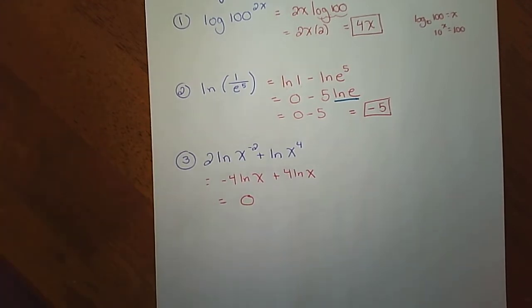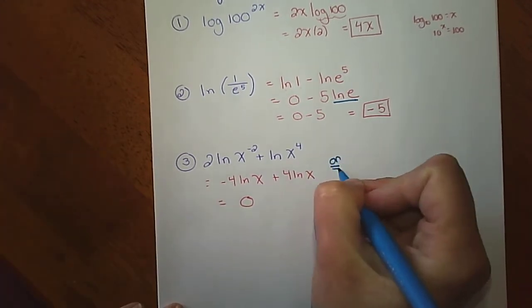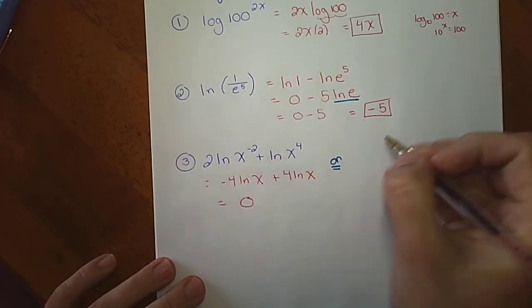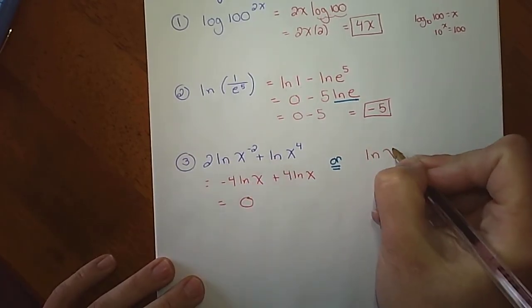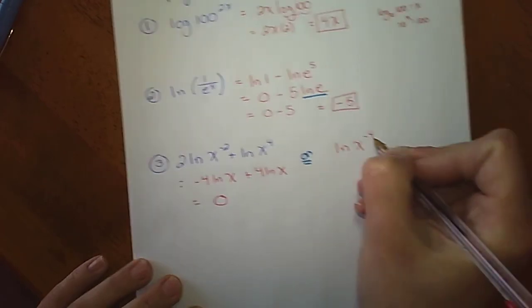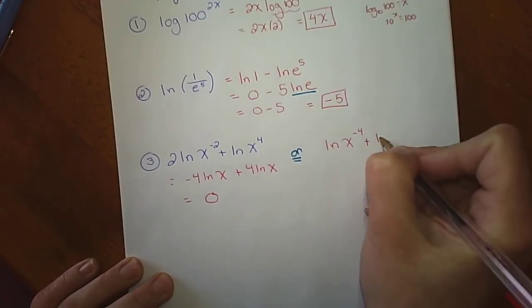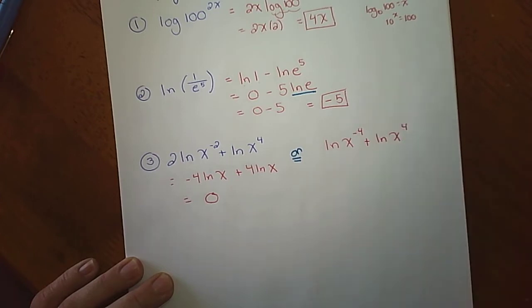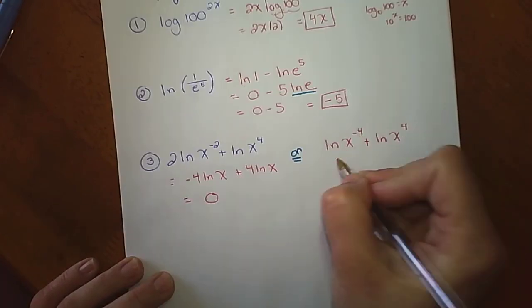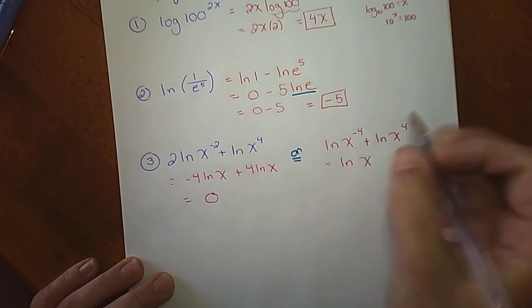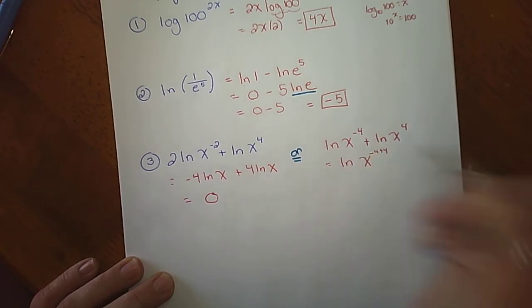Now, an alternative way of doing this, you could bring that exponent up. That becomes natural log of x to the negative 4 plus natural log of x to the 4th. Addition means the same thing as multiplication, and when you multiply, you add your exponents together.